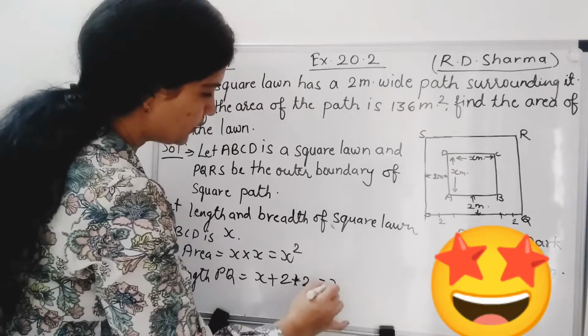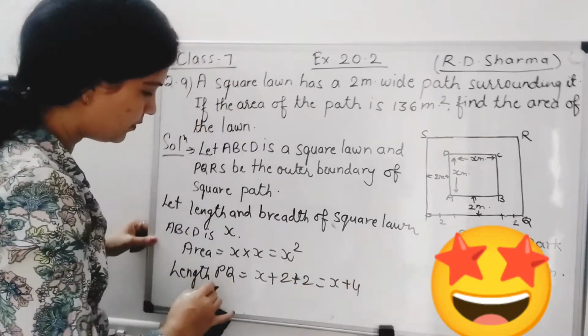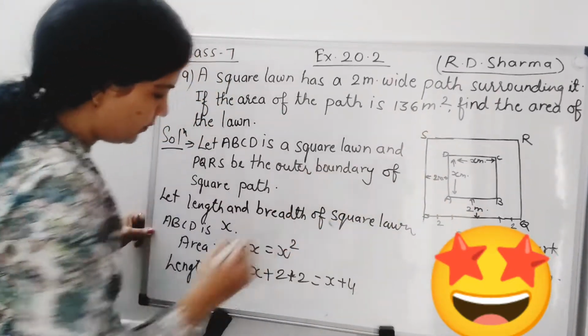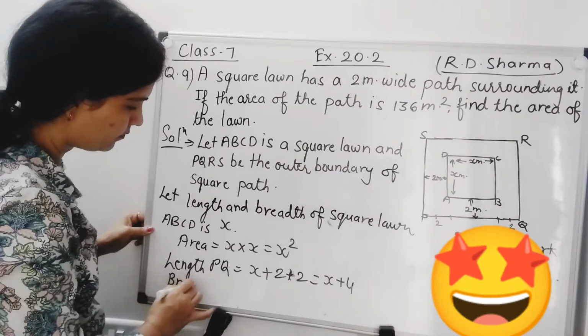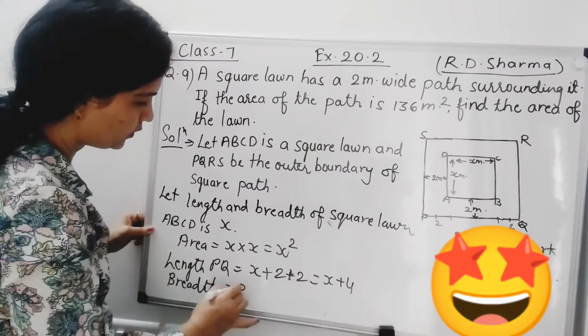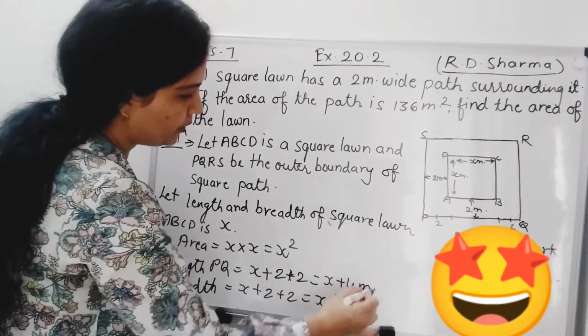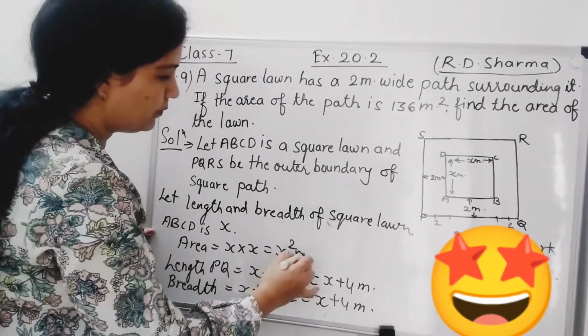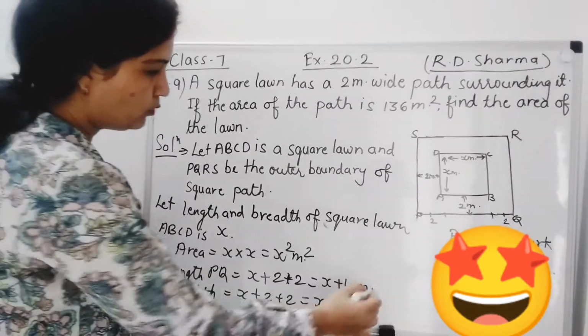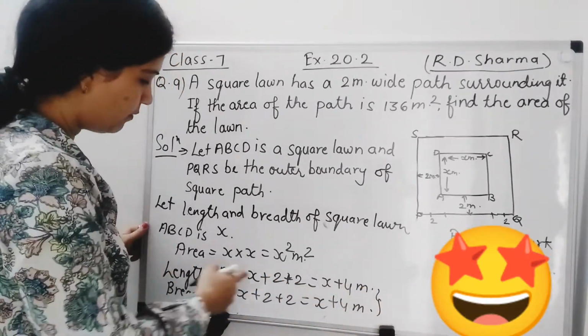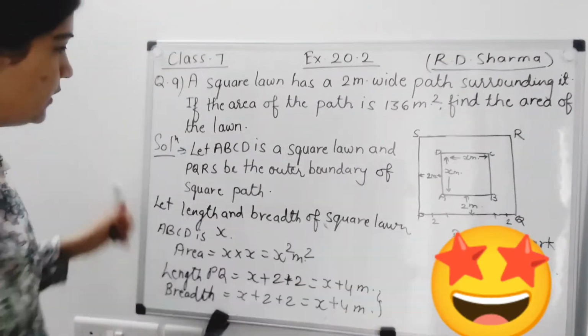So the length will be x plus 4, and the breadth will be the same, x plus 4 meter, because it's a square path. Here the unit is meter and area will be meter square. By using these we can also find out the area of PQRS.